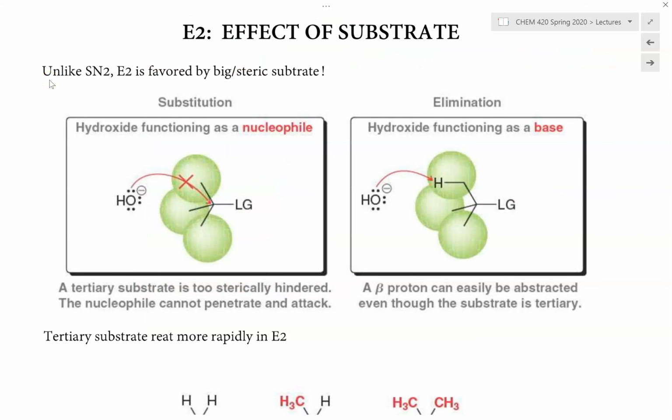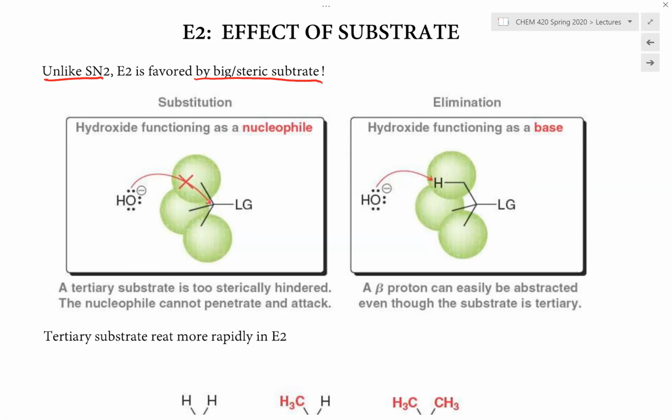And now, let's discuss the effect of the substrate on the E2 reaction mechanism. Unlike the SN2 reaction, the E2 reaction is favored by a big and sterically hindered substrate. We have seen in substitution reactions that SN2 reactions prefer a less sterically hindered substrate.